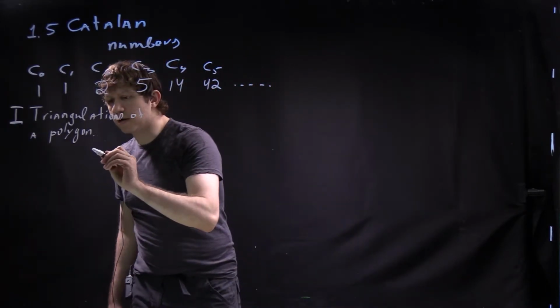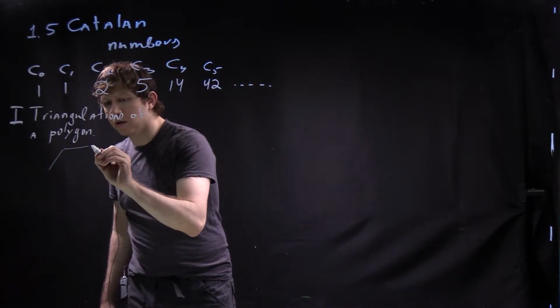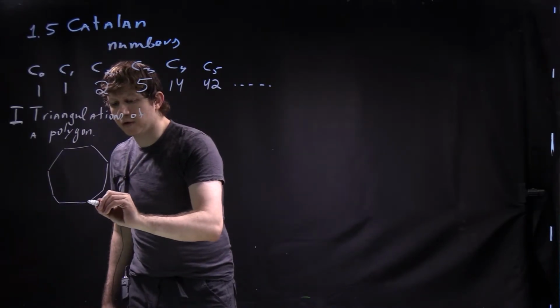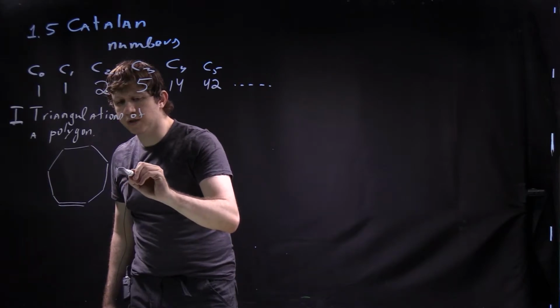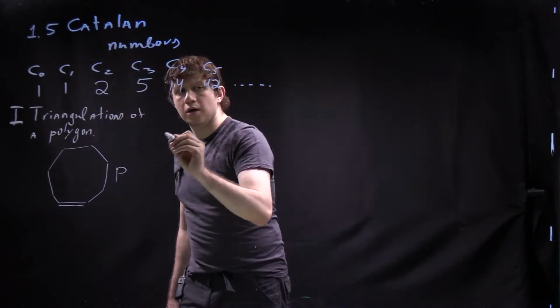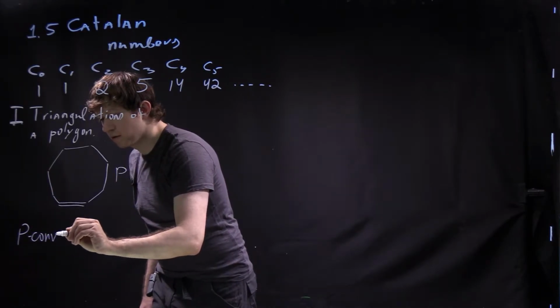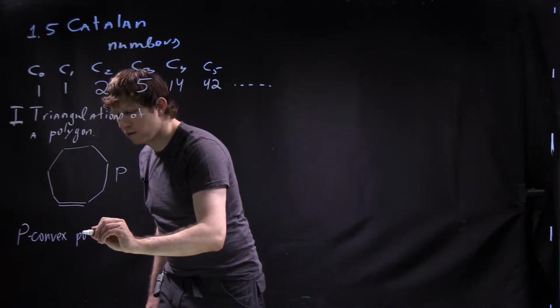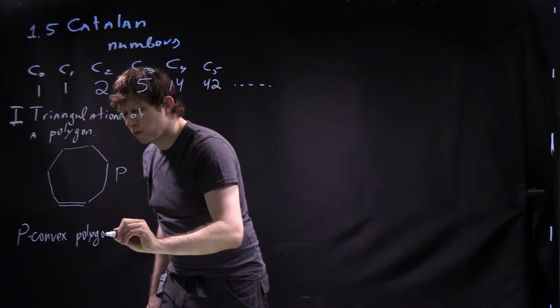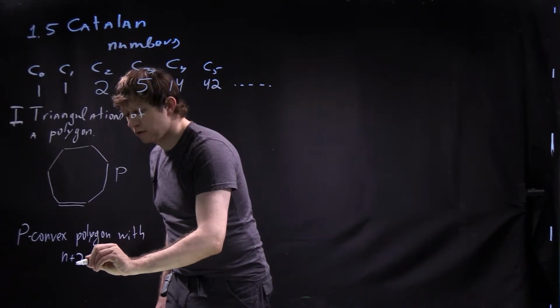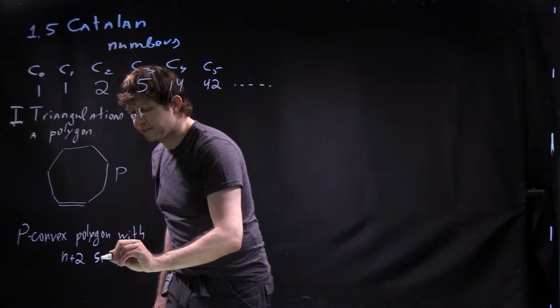So let's consider a polygon, and for a certain reason I will take a polygon P. So P is a convex polygon with n plus 2 sides.